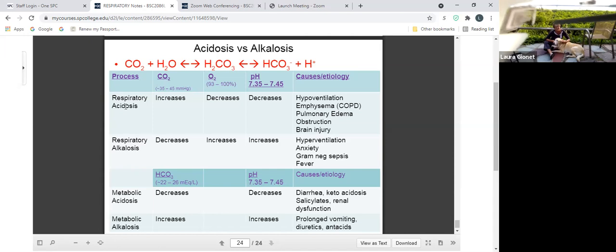But we can have respiratory acidosis or alkalosis, meaning the etiology or cause of the change to the pH value you're looking at is some change to the carbon dioxide levels from these particular sources that we're identifying in causes and etiology.